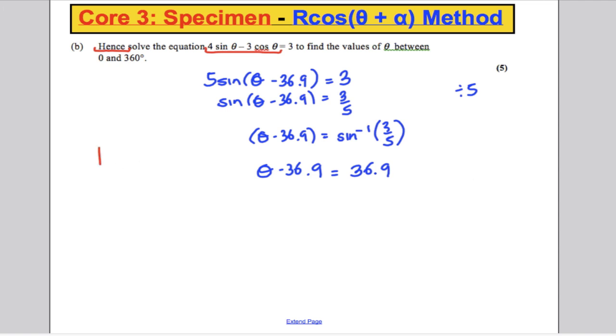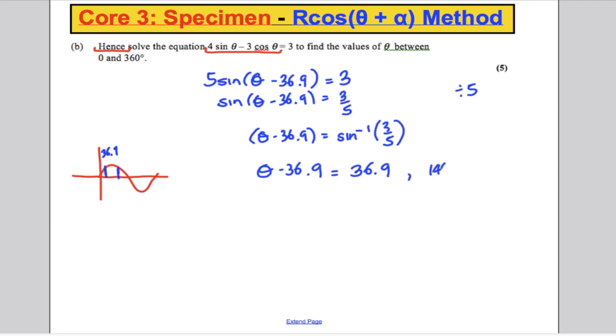So let's think of all our values. We're drawing a sine graph between 0 and 360, looks something like that. One of our answers is 36.9, which is here. Another one will be 180 minus 36.9, and those are the only ones in the range. So one of the answers must be 180 minus 36.9, which is equal to 143.1.